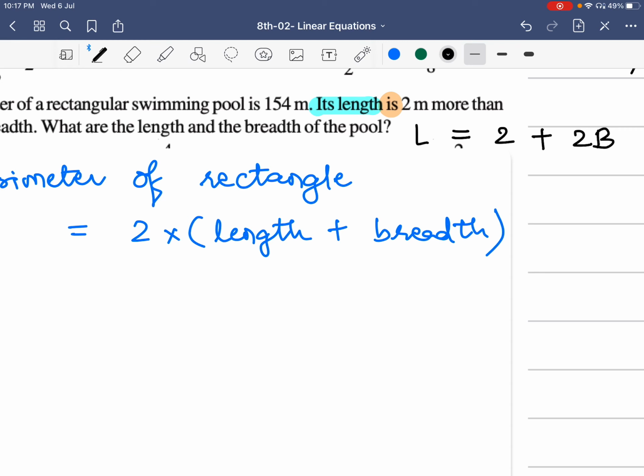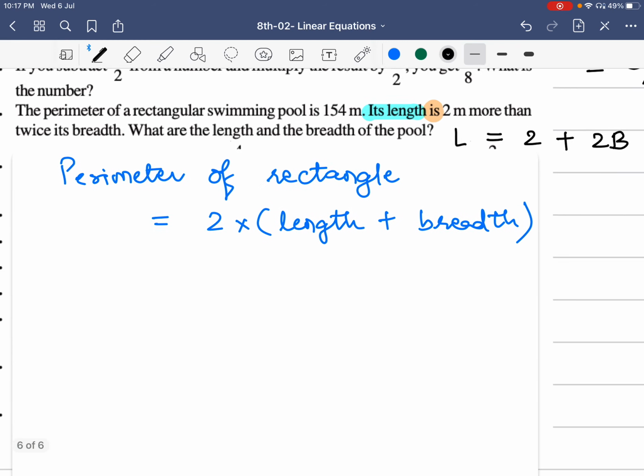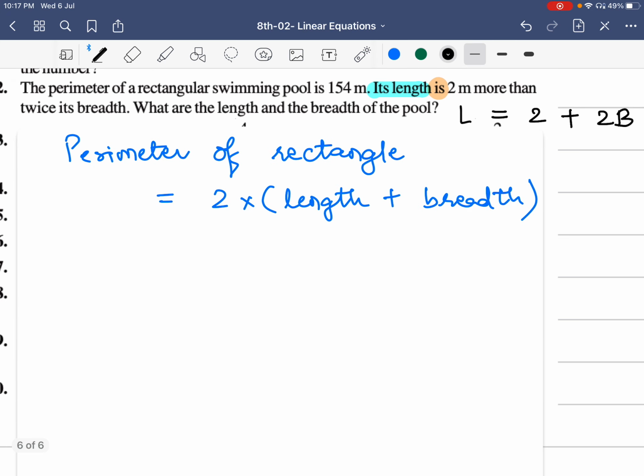This is the relation between length and breadth of the rectangle. Let's read it once again. Now its length L is equal to 2 meters more, so plus 2 meters more than what? Than twice its breadth. So this is 2 times the breadth.